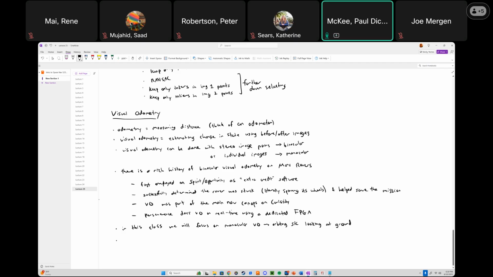And monocular visual odometry can determine change in pose up to an unknown scaling.